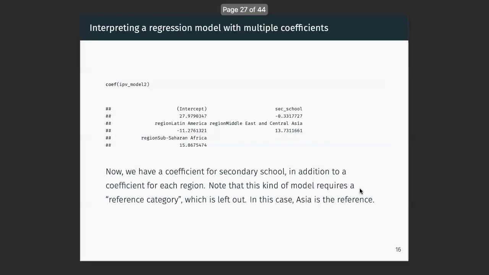Now, what we're going to get here looks a little funky. We're going to get our intercept. What happened to our intercept? Before it was 40, now it's 28. Our intercept estimate changed quite a lot. Our secondary school estimate was negative 0.5. Now it's negative 0.3.